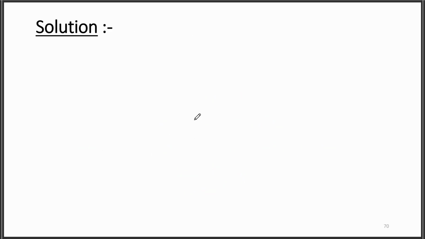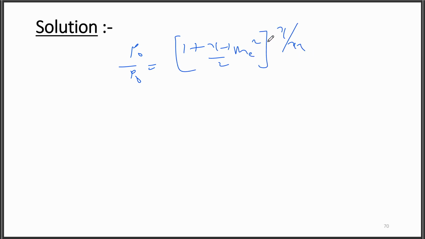So P naught by PE equal to (1 plus (gamma minus 1) upon 2 ME square) to the power gamma upon gamma minus 1. We can put the value of ME, gamma, and P naught and we will get the PE.